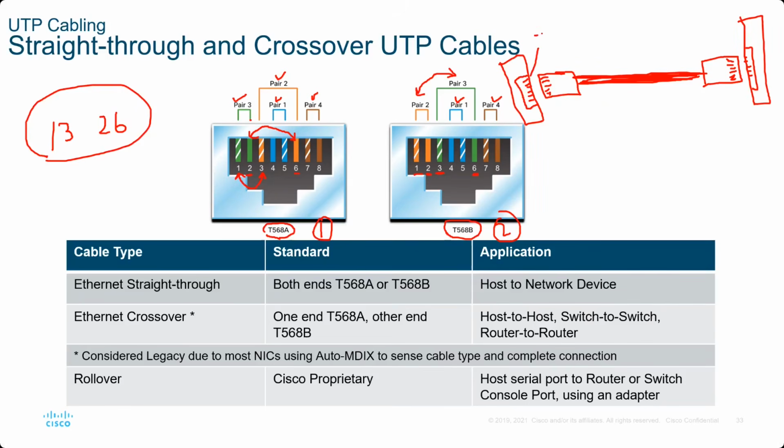It is predefined which pins are transmitting and which pins are receiving. I'm not going into details of which pins do what. I'm just giving you a very quick and crude example that there has to be some definition that some pins are transmitting data and some pins are receiving data.